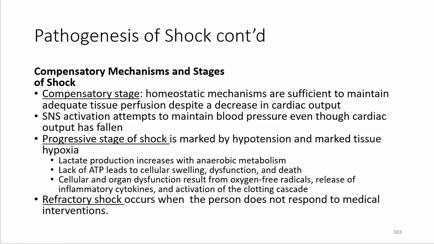So the first stage is the compensatory stage, and this is when the allostatic mechanisms are actually going to work. You're going to end up with adequate tissue perfusion. If it's cardiogenic and you have a low cardiac output, well, then you're going to increase peripheral resistance and maintain perfusion that way. Most of the compensatory stuff revolves around the sympathetic nervous system.